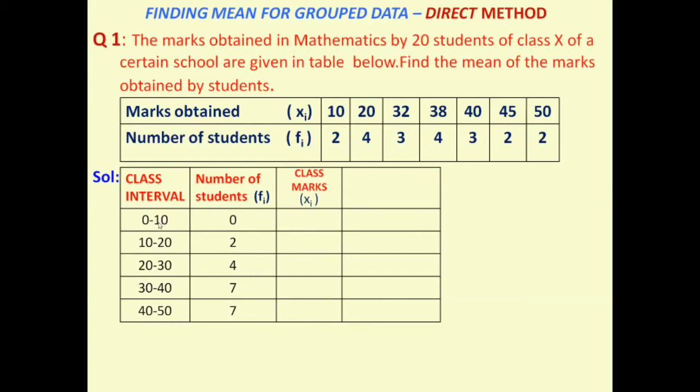This is an exclusive class, where upper limit and lower limit are equal. So we are not to include this 10 in this class, 20 not in this class, 30 not in this class, 40 not in this class. We include the 10 marks in the next one only.